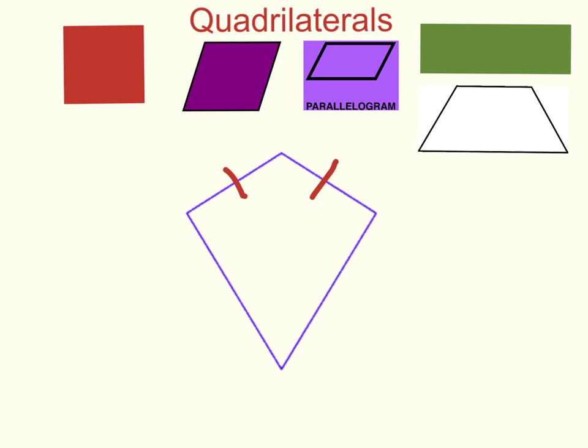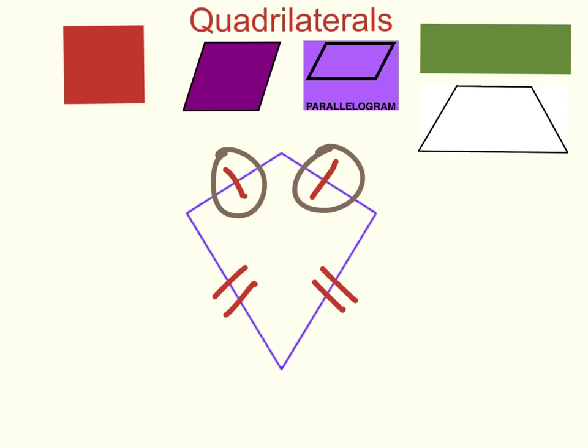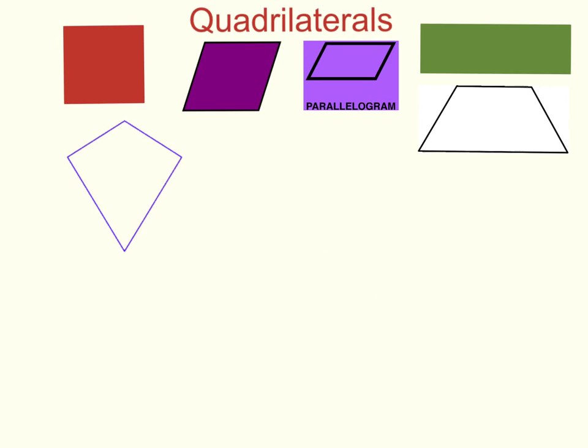Adjacent means right next to each other. And this side is equal to this side. So there's one pair of equal length sides, and there's a second pair of equal length sides. And they're not opposite sides, they're next to each other. And there you have it, a whole collection of quadrilaterals. Have fun learning about all those four-sided shapes.